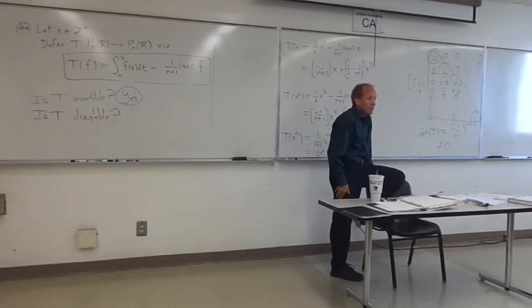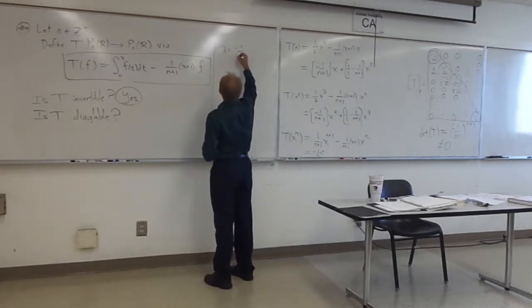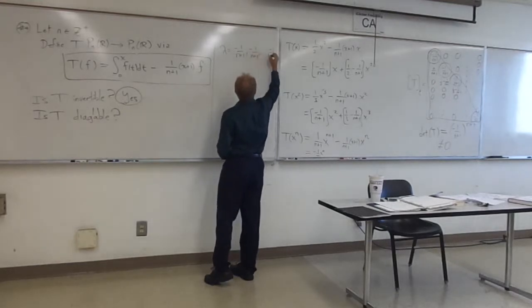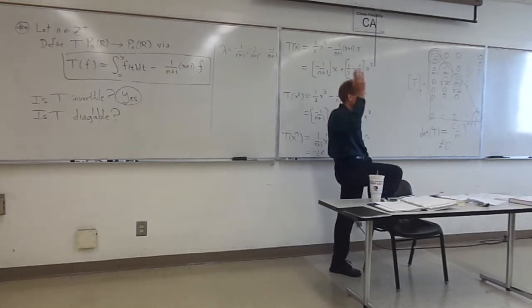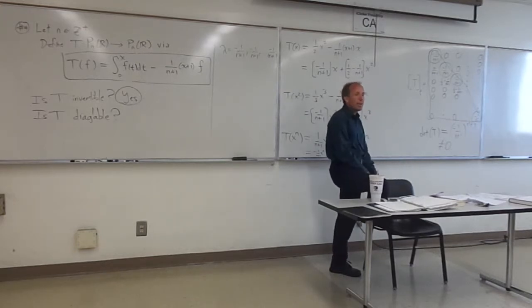What are the eigenvalues here? So my lambdas are all just negative 1 over n plus 1, negative 1 over n plus 1, and so on. Whenever you have a triangular matrix, the eigenvalues are just on the diagonal, right? So, how do you like this reasoning? We have a repeated eigenvalue, therefore it's not diagonalizable.